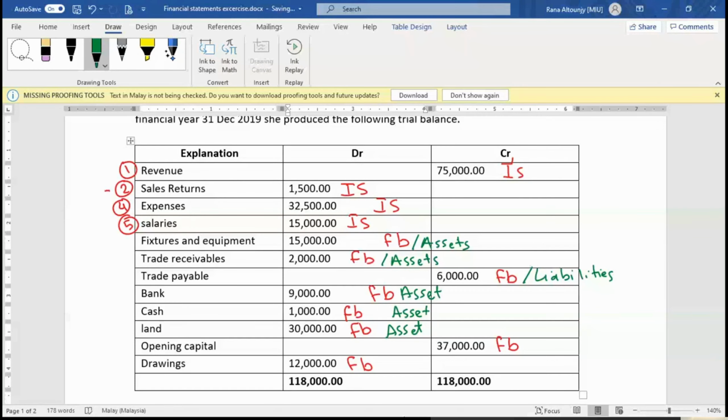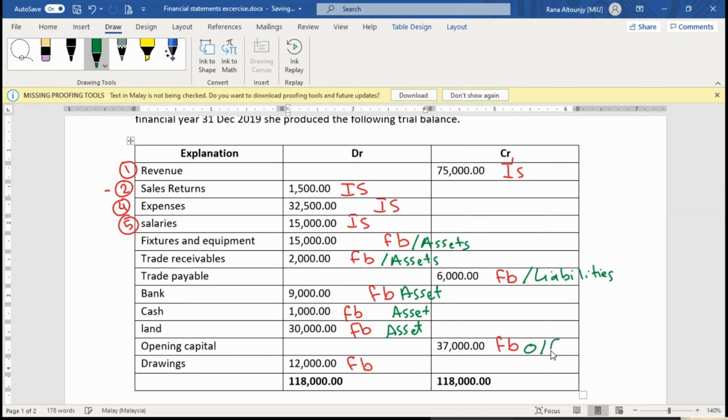Let's go for the opening capital. Does opening capital go under asset, liability, or owner's equity? It is equity. Good, Vikshwaran.